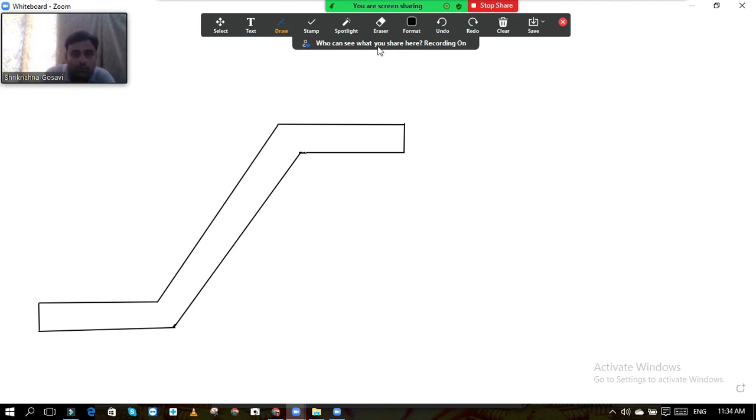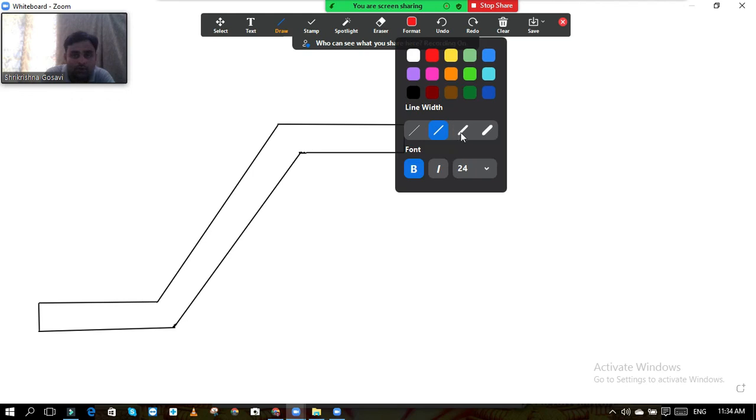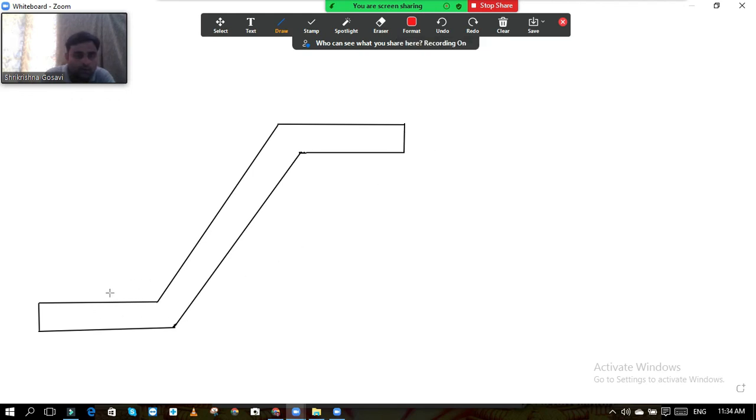Now I will draw the main steel. See carefully how the main steel bar goes. Okay, so the main steel bar starts from here. This is our 10 bar. What was the spacing of our main steel for BC? I think 110, no? Something like that.